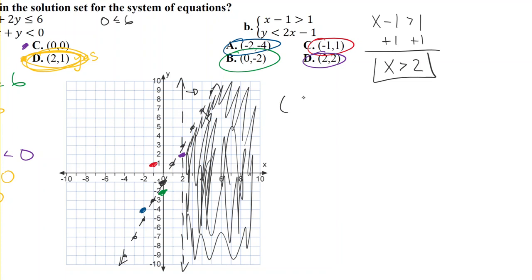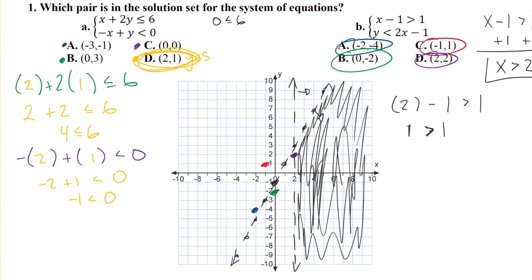We've got x minus 1 greater than 1, and we'll plug in a 2 for x. There is no y to plug in, so is 2 minus 1, which is 1, greater than 1? No, and that's why that was a no, even though it's on this dashed line here. So it looks like it should be a solution, but it's not.